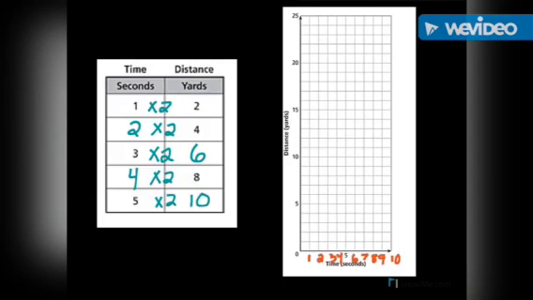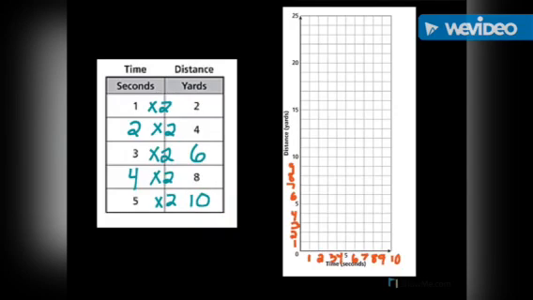On the y-axis, I see distance in yards. So I'm going to take my yard side of the table and put that on the y. So let's number our scale. And I only need to go up to 10 because that's where my table ends.